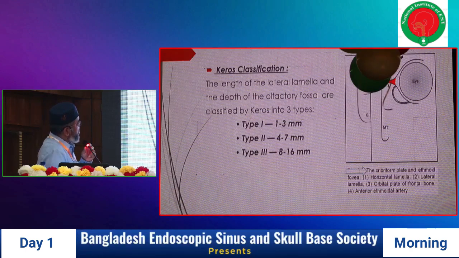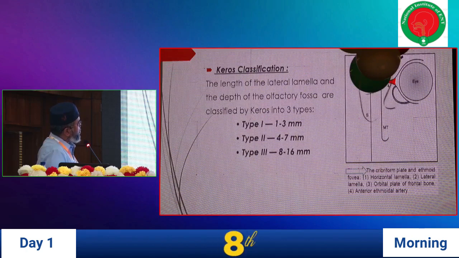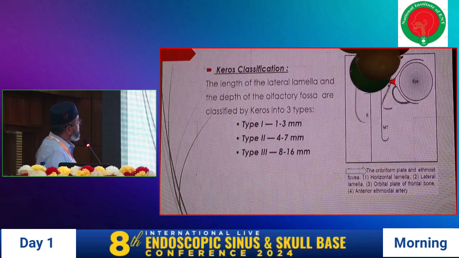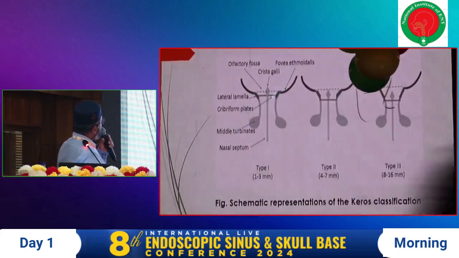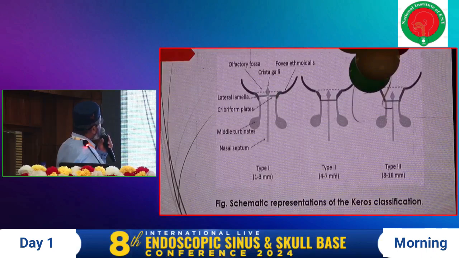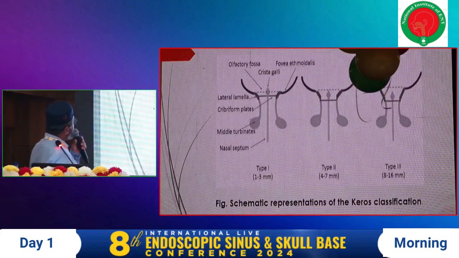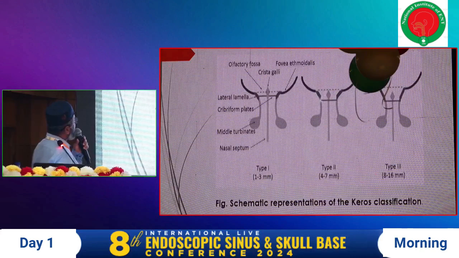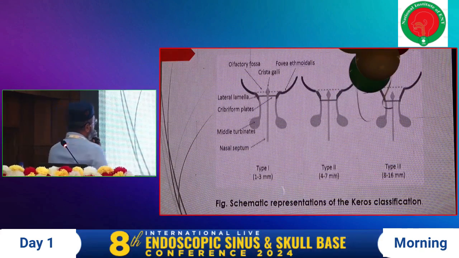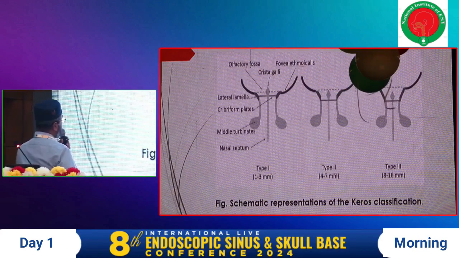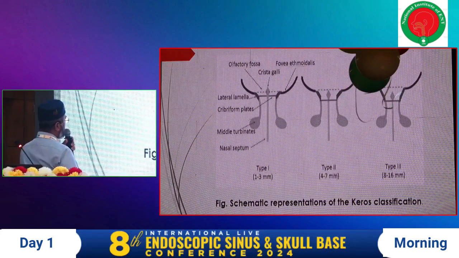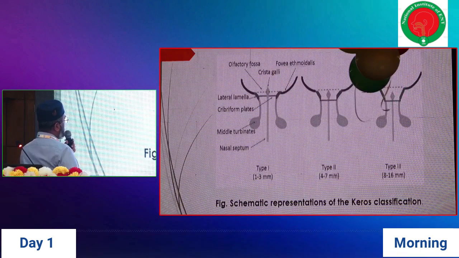The depth of the olfactory fossa and length of the lateral lamella forming the fossa is classified by type. Type 1 is 1 to 3 millimeter, that means the lateral lamellar length is 1 to 3 millimeter. It is called type 1, which is safest for the surgery, and type 2, which is 4 to 7 millimeter in depth. The lateral lamella and olfactory fossa is deeper inferiorly, and type 3 is 8 to 16 millimeter depth.